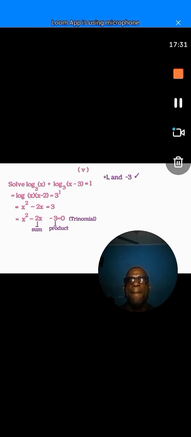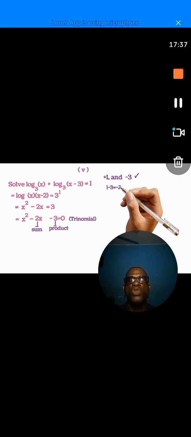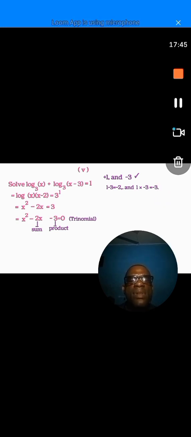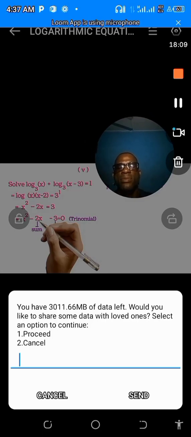It's going to be in form of x squared plus x minus 3x minus 3 is equal to 0. As we have tested here, 1 plus minus 3 is equal to minus 2, and 1 times minus 3 is equal to minus 3. So we are replacing them in that equation because plus 1 and minus 3 are the correct factors, the 2 numbers that we will use to factorize the equation.